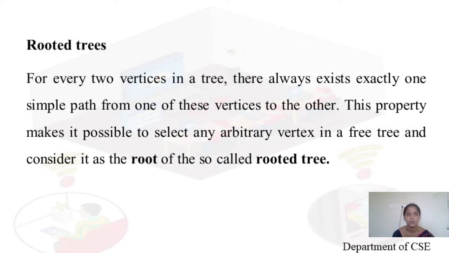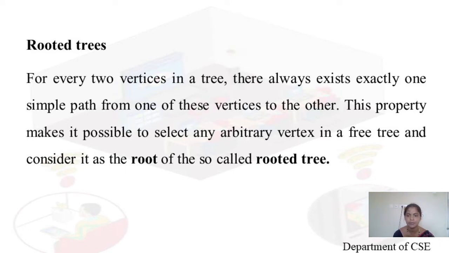Then we will discuss what rooted trees are. Rooted trees are defined with the first vertex as a root. For any two vertices in a tree there exists exactly one simple path between them.